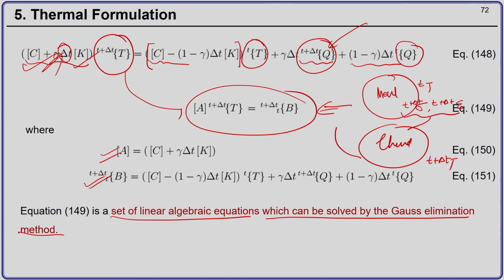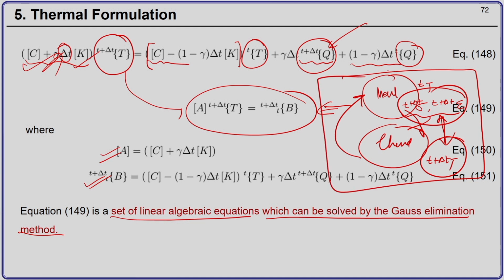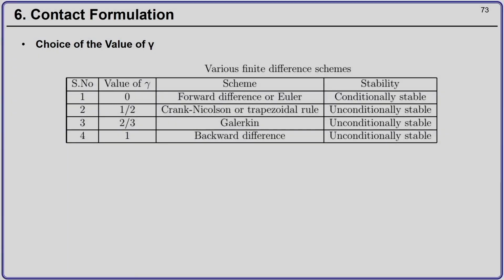And then I have to iterate between these two till I get a final convergence where both of these are not changing. If my time step is very small, then within one Newton-Raphson iteration I can once solve this and once solve this, and that should be enough. But if the time step is very large, then I have to iterate between these two, the mechanical and thermal problems.